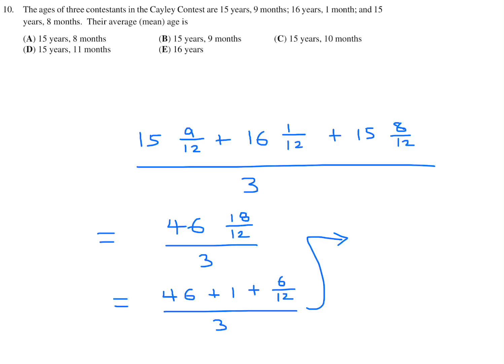And therefore we've got 47.5 divided by 3. And this is 15.83. And if you want to convert this back into a fraction, 10 over 12. So 15 years and 10 months. So the answer is C.